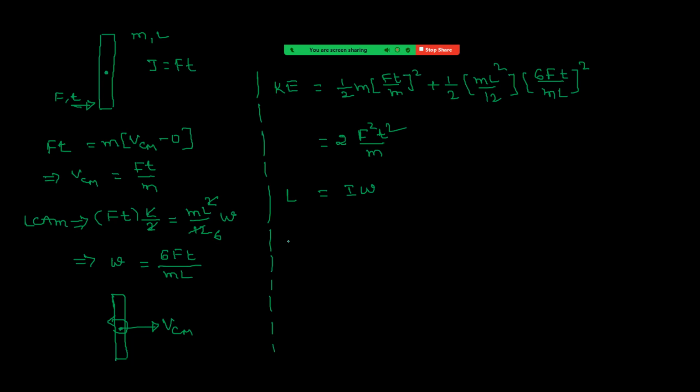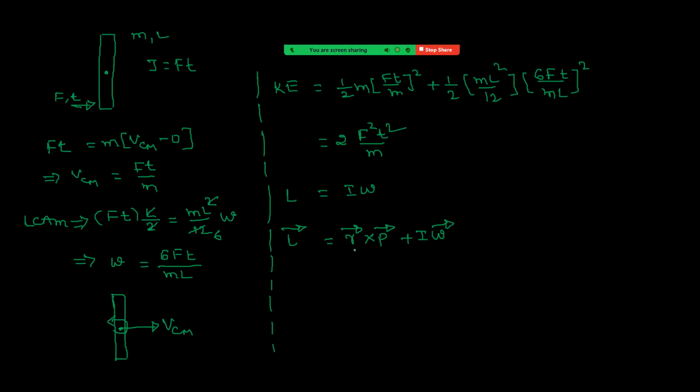I am writing here. Angular momentum about a point is equal to, because of translation, r bar cross p bar, because of rotation, I omega bar. Okay. So here we are taking about center of mass. Then r bar and p bar are in the same direction. Okay.